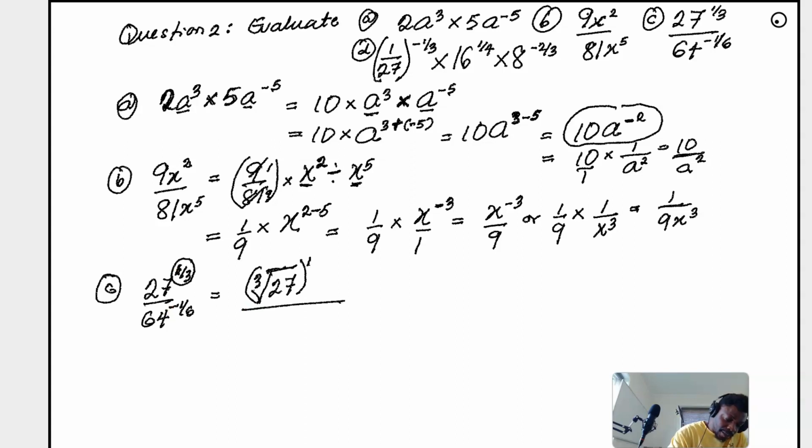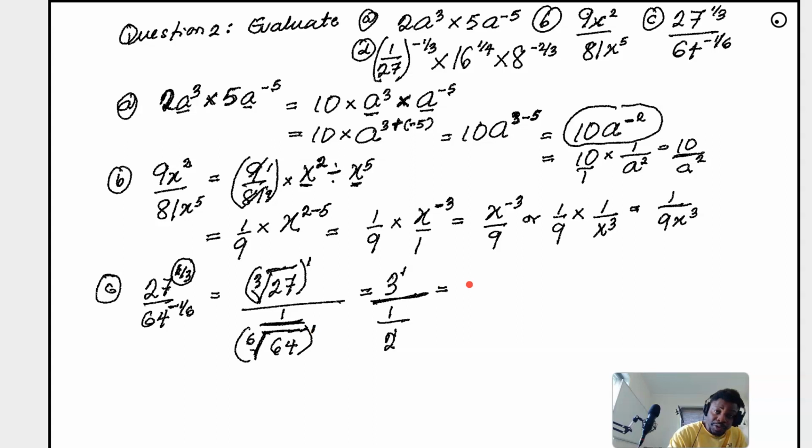Now, remember, this is negative on the fractional, so that is 1 over to start with, and that is 6th root of 64 and 1 outside. So cube root of 27 is 3. That means the same number you multiply 3 times that will give you 27, divided by 1 over the same number you multiply 6 times that will give you 64. That is 2.